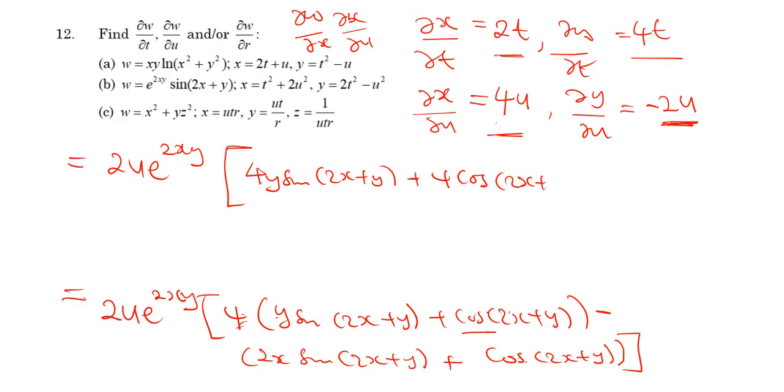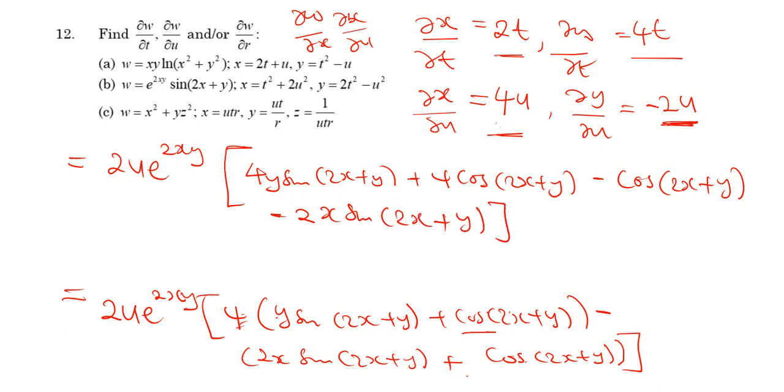But there's a negative here, so this is minus cos 2x plus y. And also this first part is negative, so I write it here, negative 2x sine 2x plus y, then I close that.